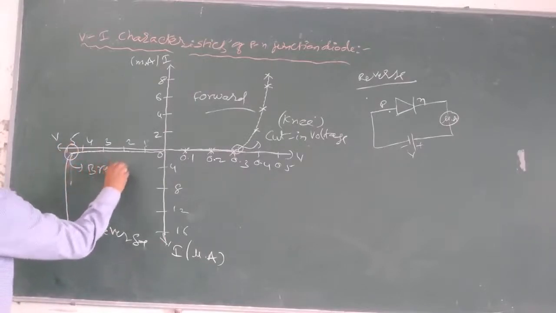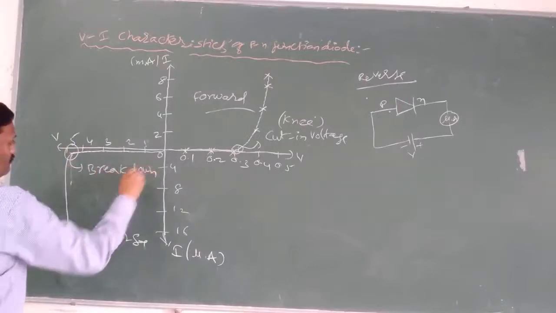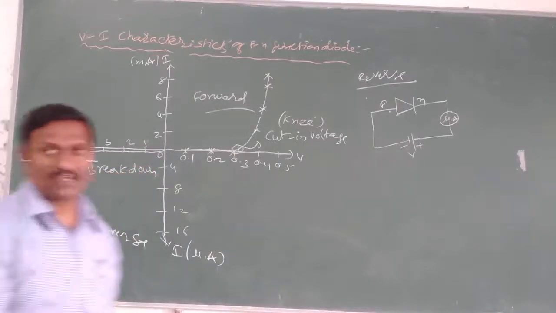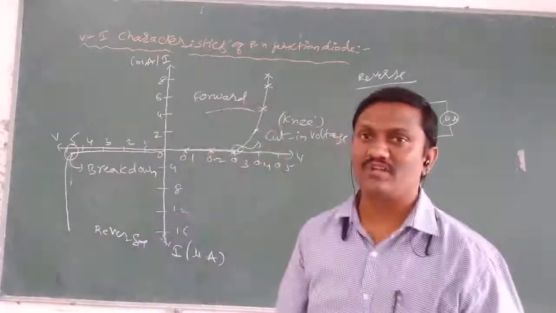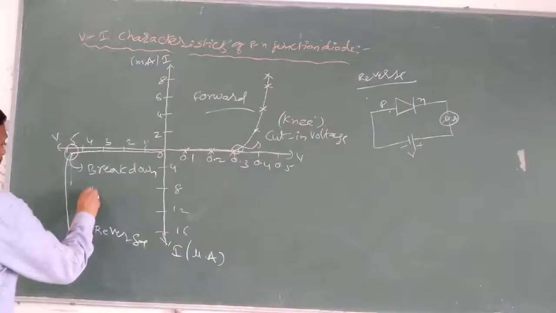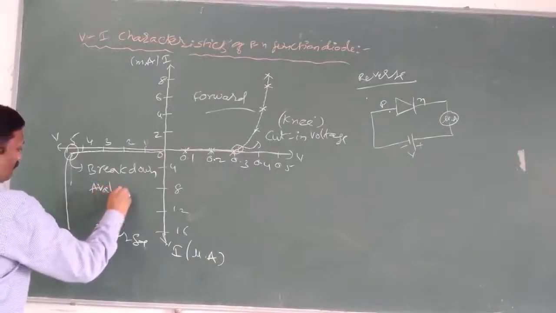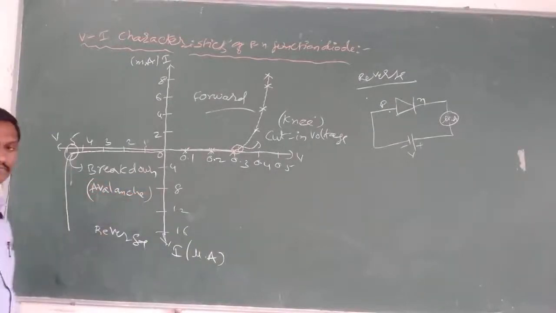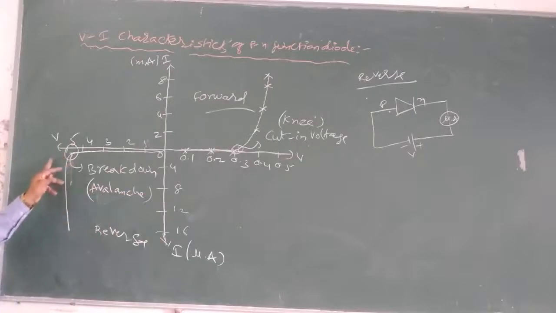This voltage is called the breakdown voltage. In an ordinary diode, this breakdown is called avalanche breakdown. After this potential, current increases sharply.